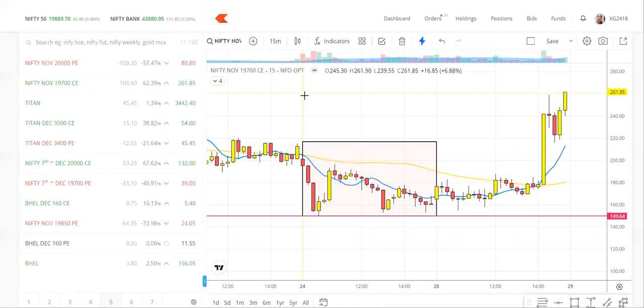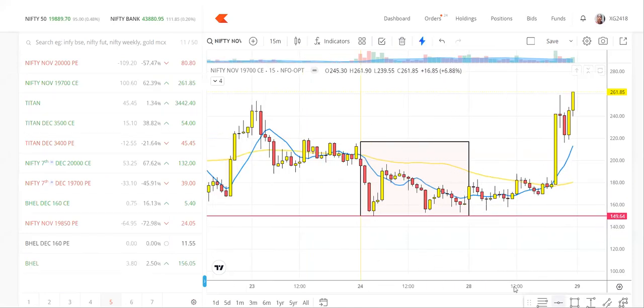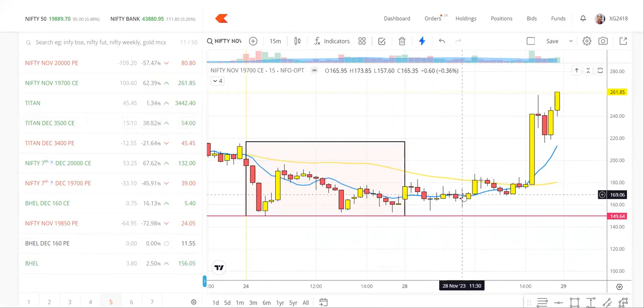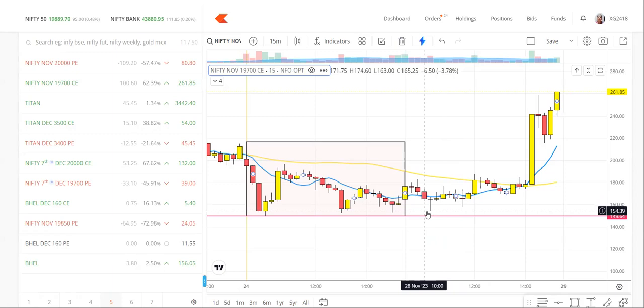For example, the call option, the range I've already marked, 19,700 call option, it made a low of 154.55. This low was not at all violated, even though there were a lot of whipsaws. You can see around 11:30, it made a low of 157.6.